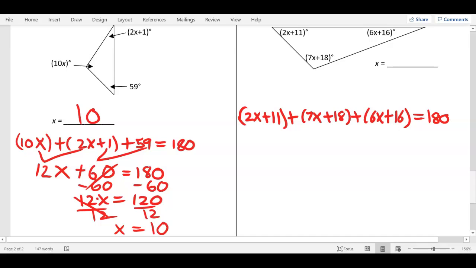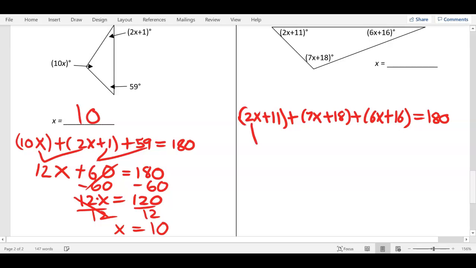Now, what do you think we're going to do first? Combine like terms, just like the last three we did. Now, this time, there are three terms I can combine, three x's and three constants. But you can combine them all at the same time, right?